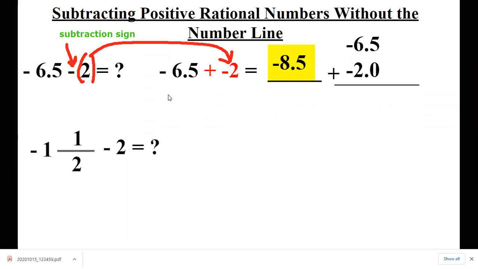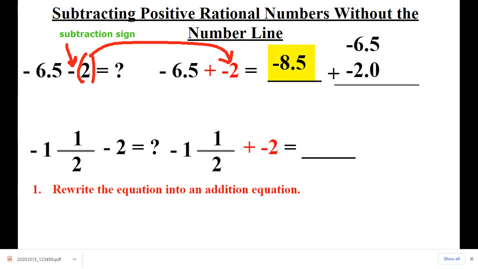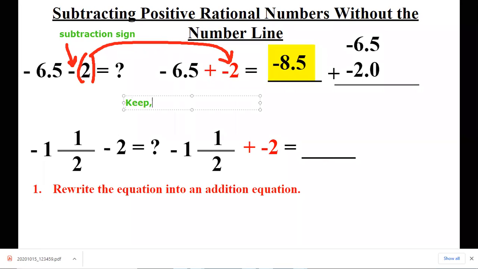Try another one. We have negative 1.5 minus 2. So we're going to rewrite that as an addition equation. Negative 1.5, we keep the first number, we change the sign, and then we change the second number to the opposite. So it's keep, change, opposite.